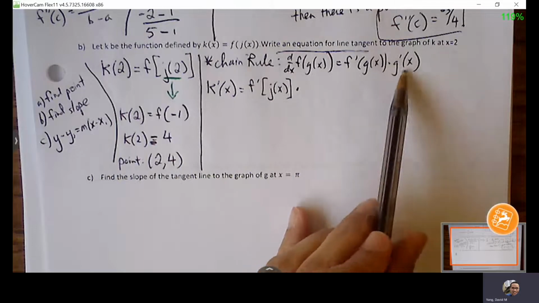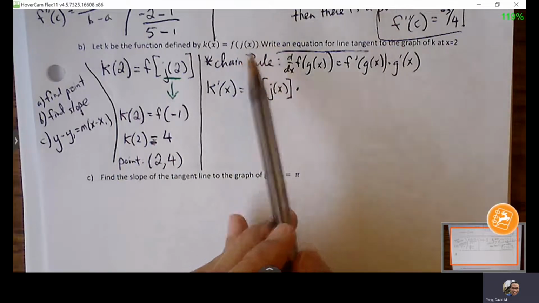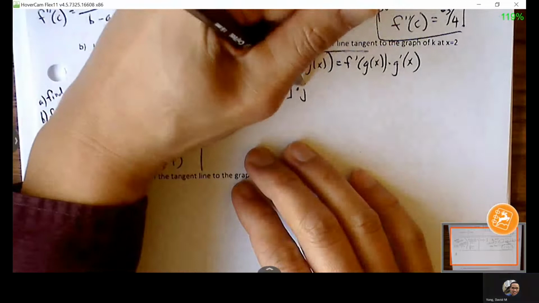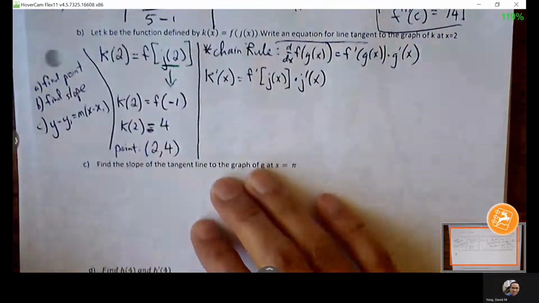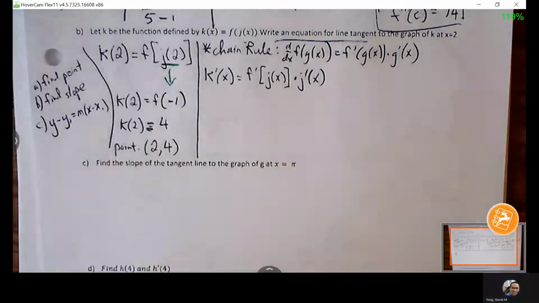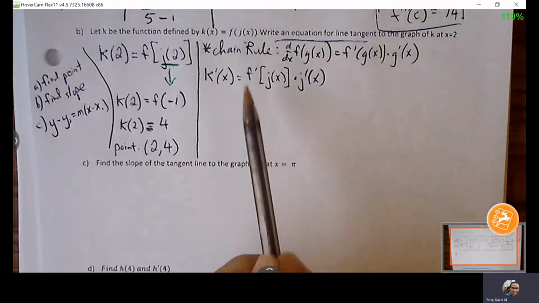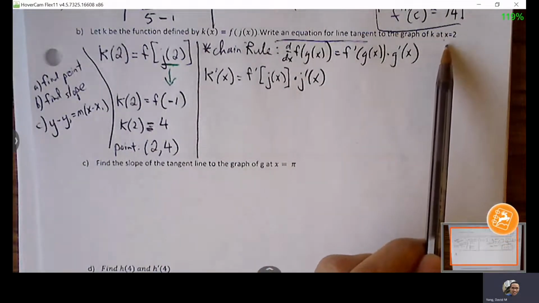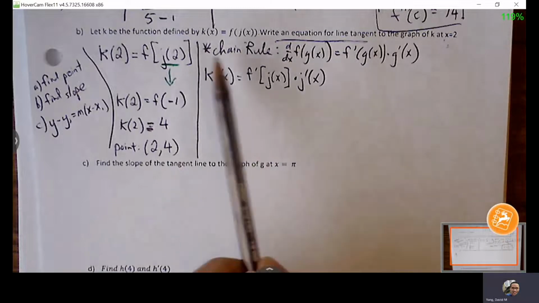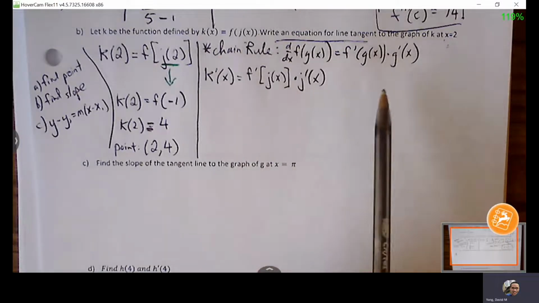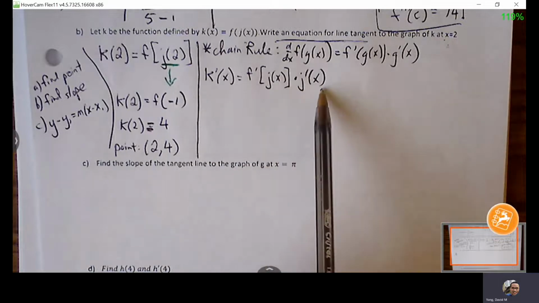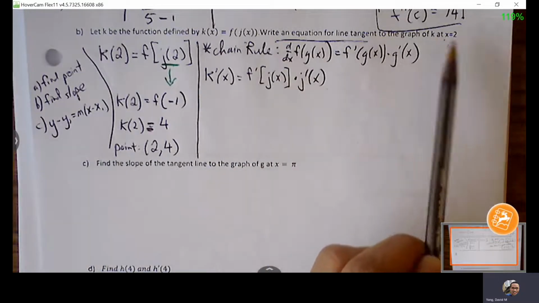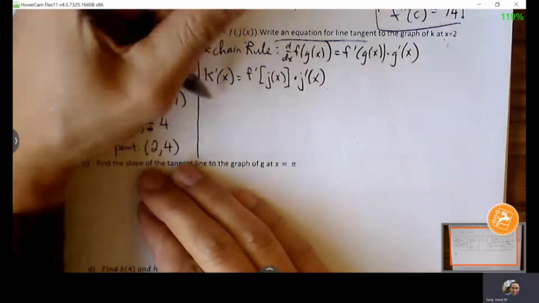Then I'm ready for my inside derivative, so I'm multiplied by j prime. Okay, so now that we have our full derivative, now we can involve 2. Make sure that when you do chain rule that you're not trying to do too many things at once. Don't involve the number yet. You got to build the derivative first in terms of x, and then work in the 2.